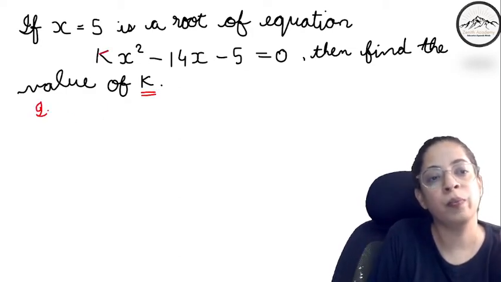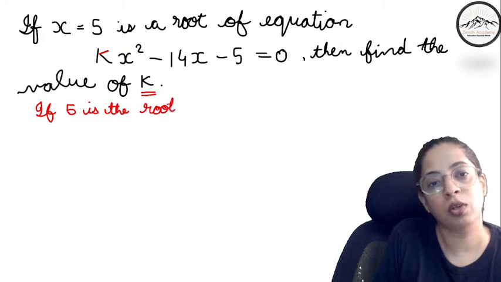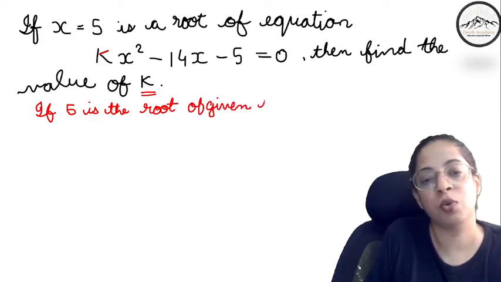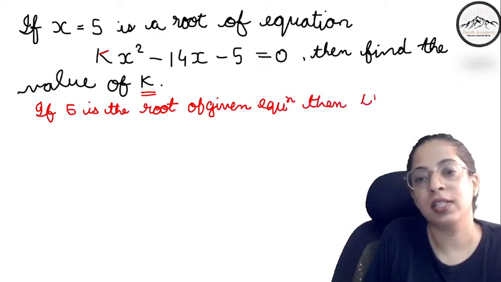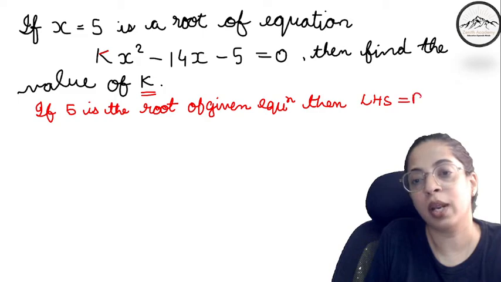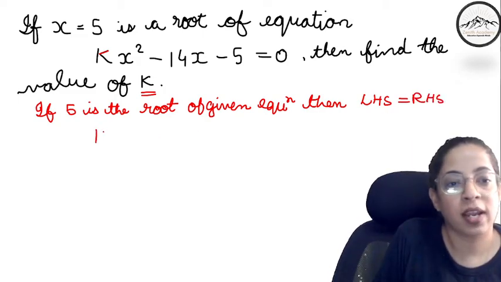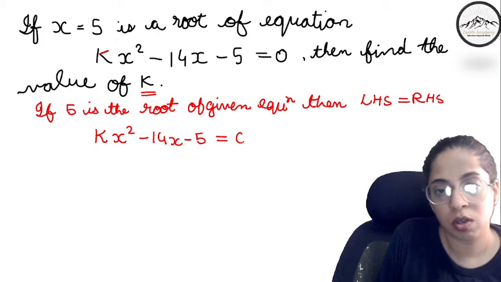So what we will do, if 5 is the root of the given equation, then left hand side will be equal to right hand side. So I will write kx square minus 14x minus 5. This will be equal to 0.